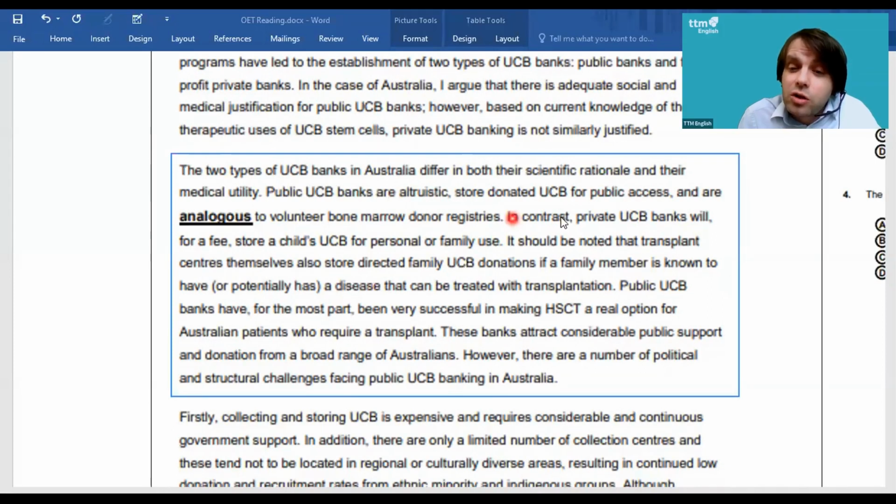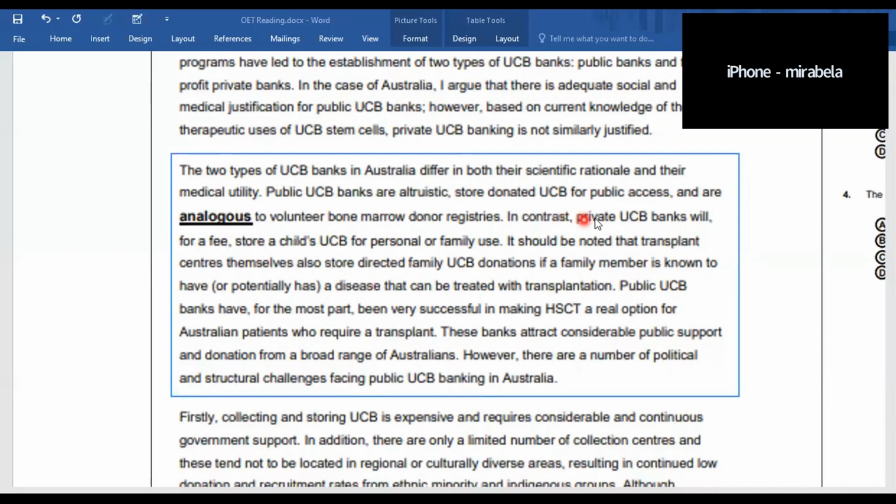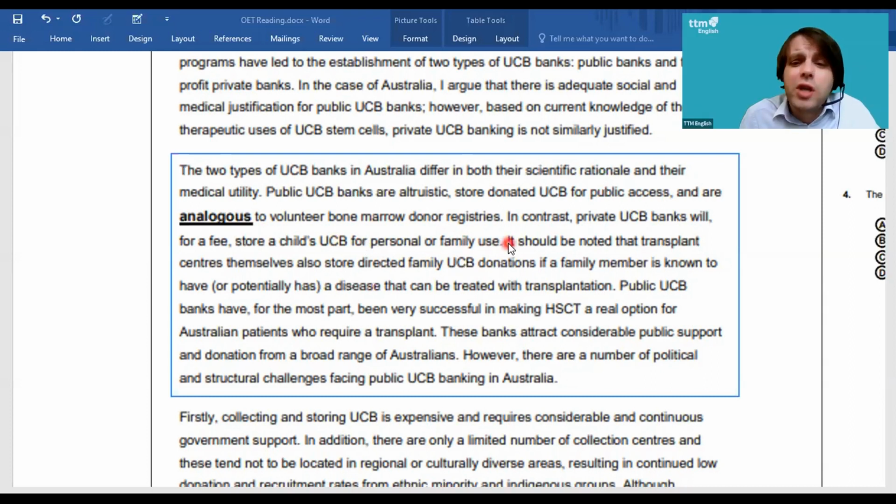Okay. So in contrast, Mirabella. In contrast, private UCB banks are for personal or family use. Okay. What does the author suggest about public banks? You should all be thinking that in your head. Okay, Mirabella.